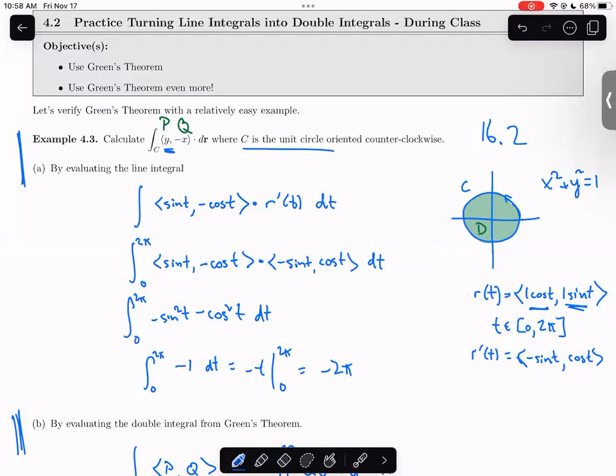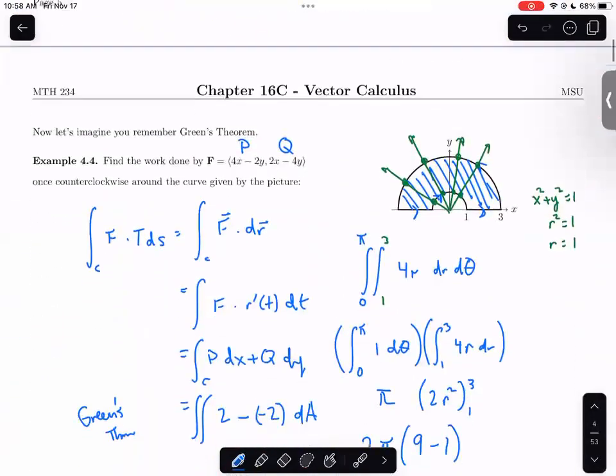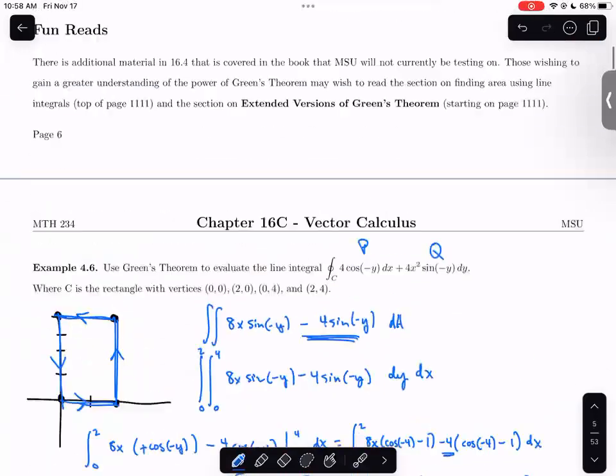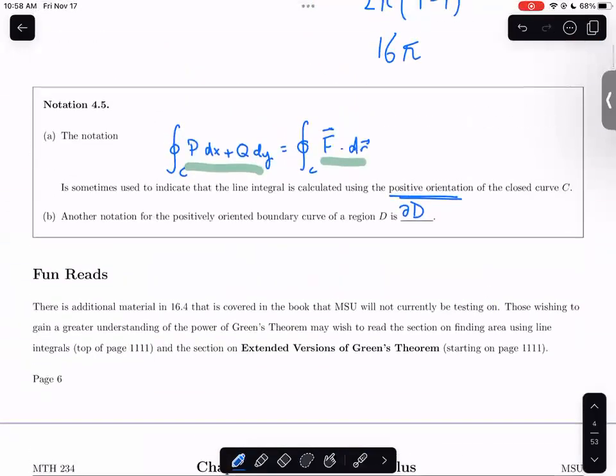Yeah, go ahead. So the question is, if it does have that line integral with a circle through it, should you basically assume that you're using Green's theorem? I would say the probability is like 99%. So this is meant to be a hint that you do have a closed positively oriented curve.